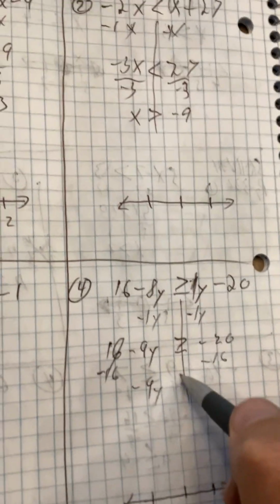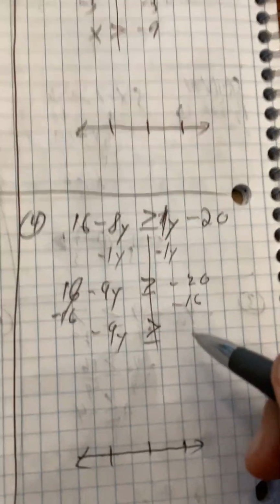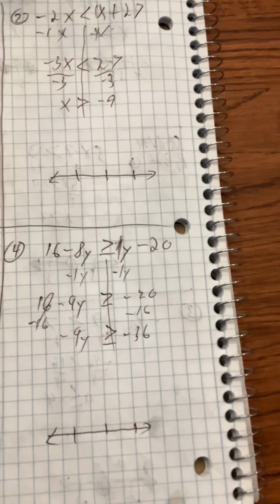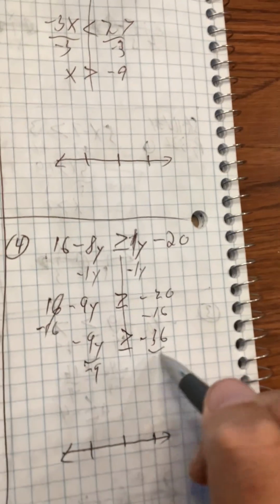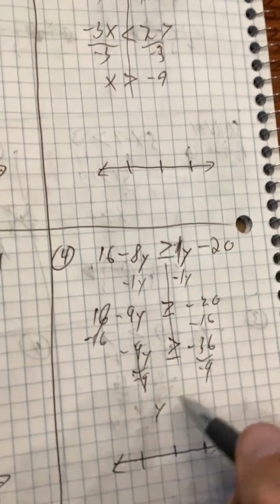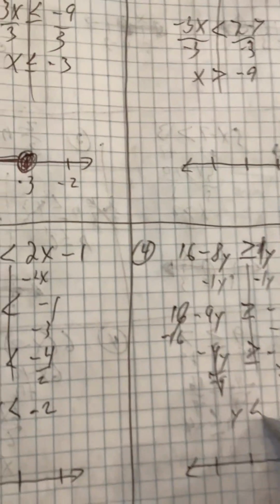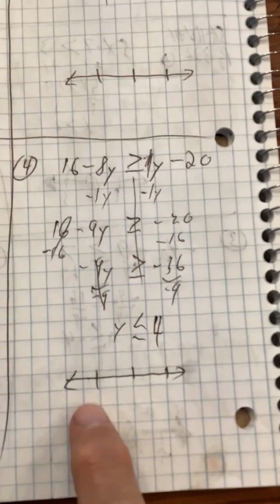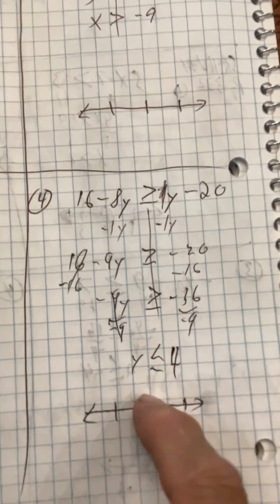Negative 9y is greater than or equal to bad guys and bad guys is a lot of bad guys. If you just say it every time, you get to be a rock star at this. And now, the opposite of multiplying by negative 9 is dividing by negative 9. And when you multiply or divide by a negative, you flip the arrow. And multiplying and dividing, the signs are the same. Your answer is positive. So it'd be 3, 4, 5, closed circle, shading to the left. So there you go, buddy.